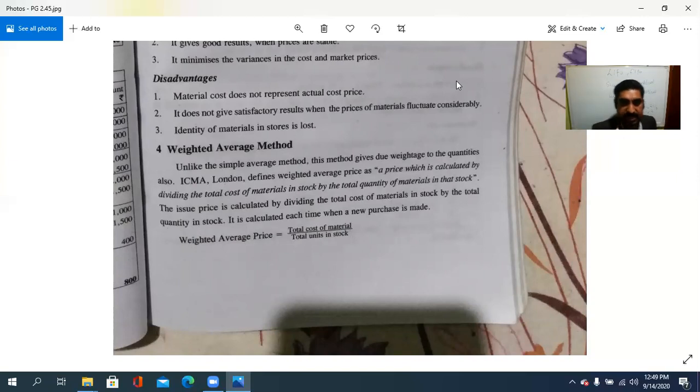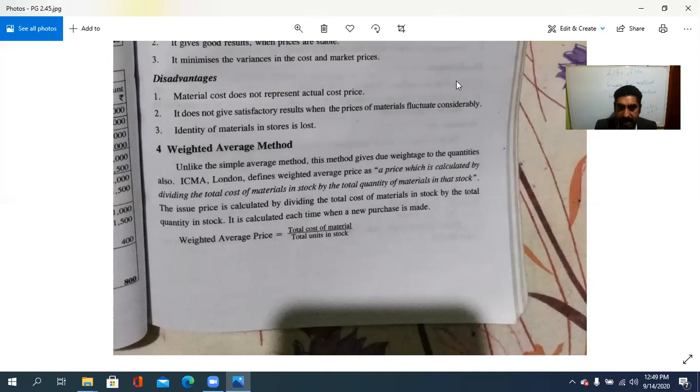ICMA London defines the weighted average price as a price which is calculated by dividing the total cost of materials in stock by the total quantity of materials in that stock. The issue price is calculated by dividing the total cost of material in stock by the total quantity in stock.